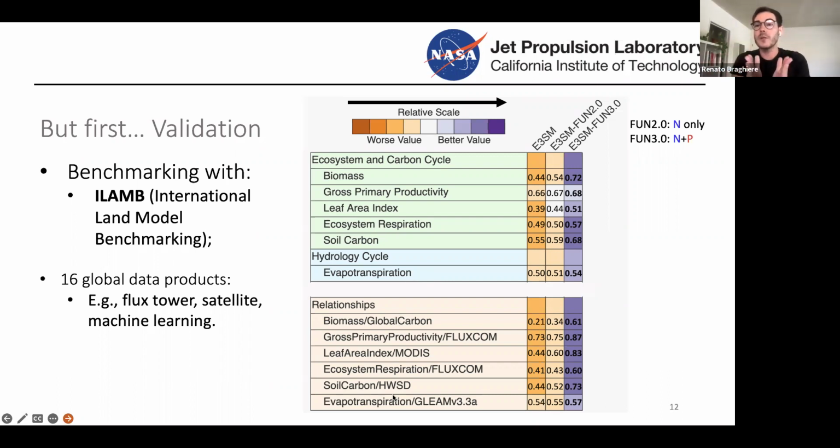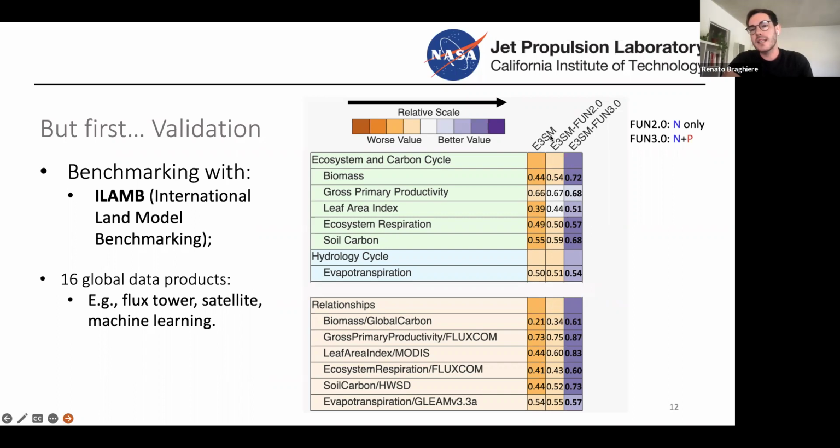So what are the relationships of these variables with precipitation, temperature, and incident radiation. And we have a relative score, and this relative score accounts for bias between the variable and the observation, root mean square error, and the timing of the peak of the seasonal cycle of these variables.